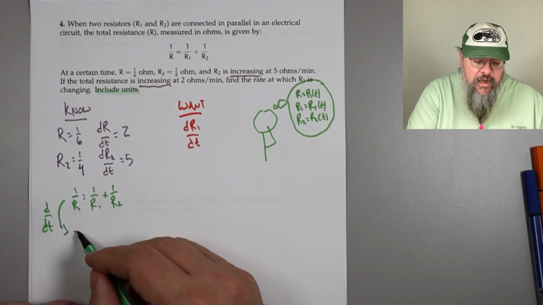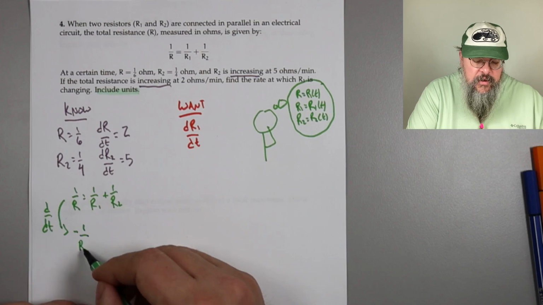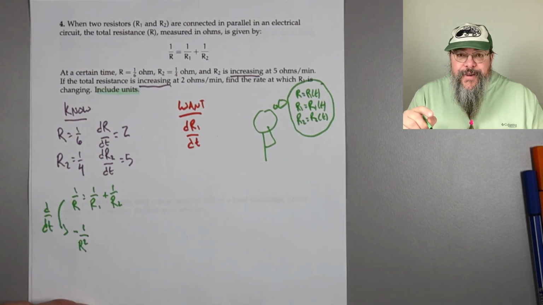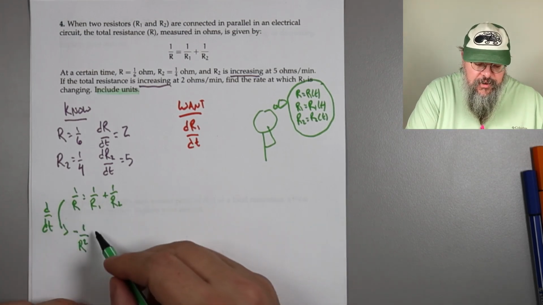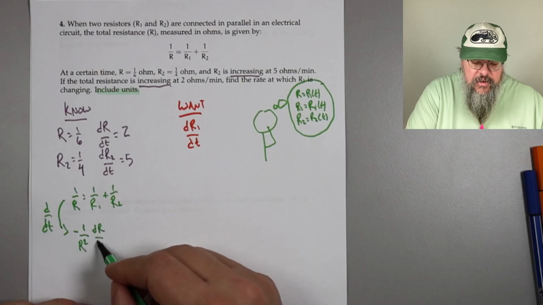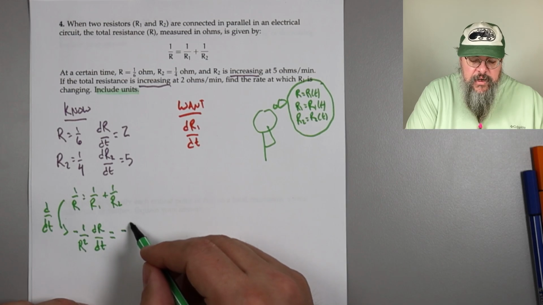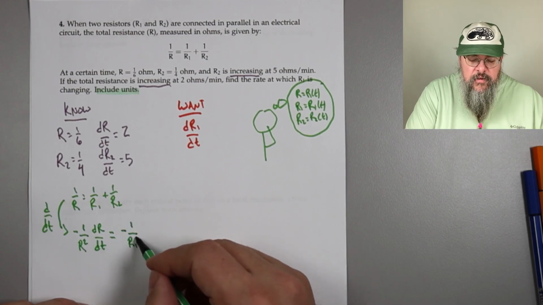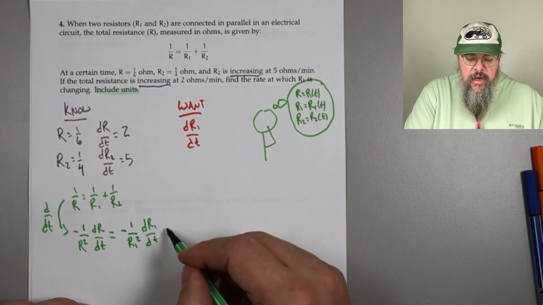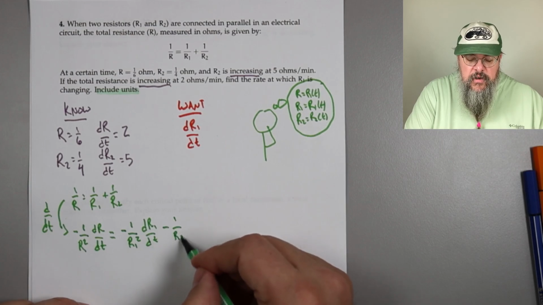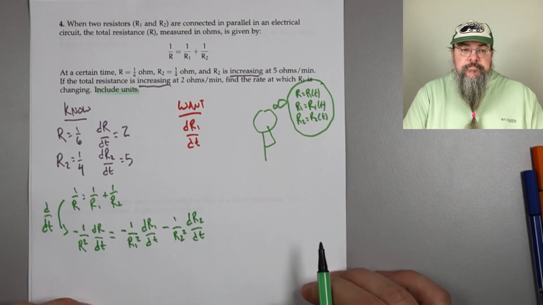The minus 1 comes down, and then it'd be r to the minus 2, so that's minus 1 over r squared, but we're not taking the derivative with respect to r, but with respect to t. So chain rule that. So dr/dt. Now, the other derivatives, same process. Minus 1 over r1 squared dr1/dt, and minus 1 over r2 squared dr2/dt.